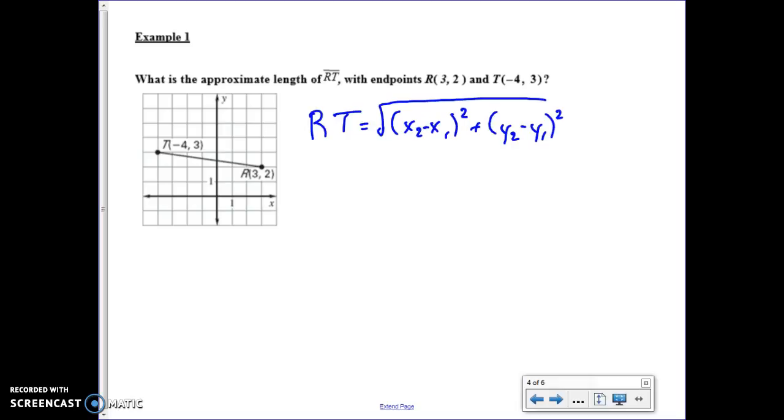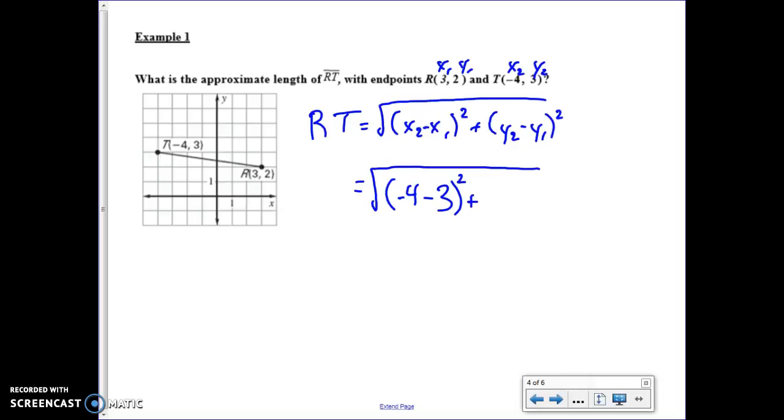So when I go back up here, remember we call our points x1, y1, x2, y2. So then I'm just going to fill in the blanks. x2 is negative 4. So I'll put negative 4 minus, remember yesterday we did midpoint formula and that was a plus sign. This time we have a minus x1, which is 3. We're going to square that.